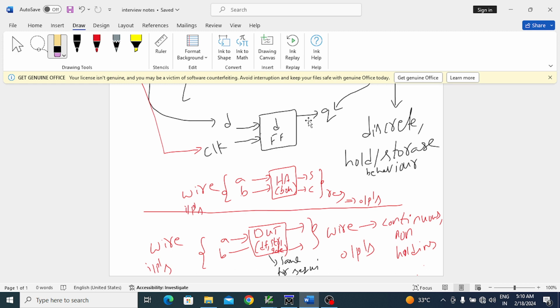So reg is not about whether it is combinational or sequential. If it is behavioral style, you need to write reg for the output ports.